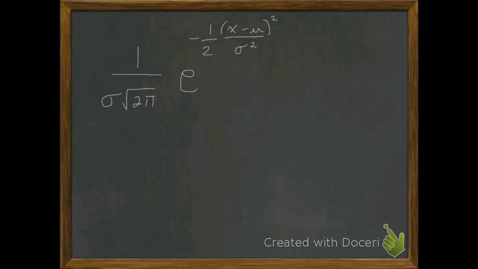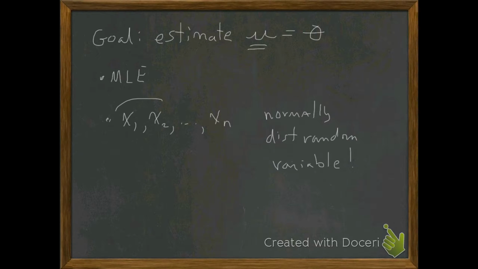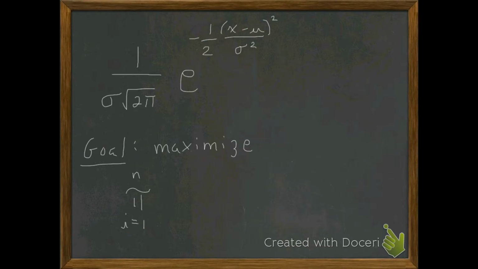So ultimately, guys, our goal is we want to maximize the product from i equal 1 to n. Again, where does this i equal 1 to n come from? It comes from our data. We have 10 measurements here.